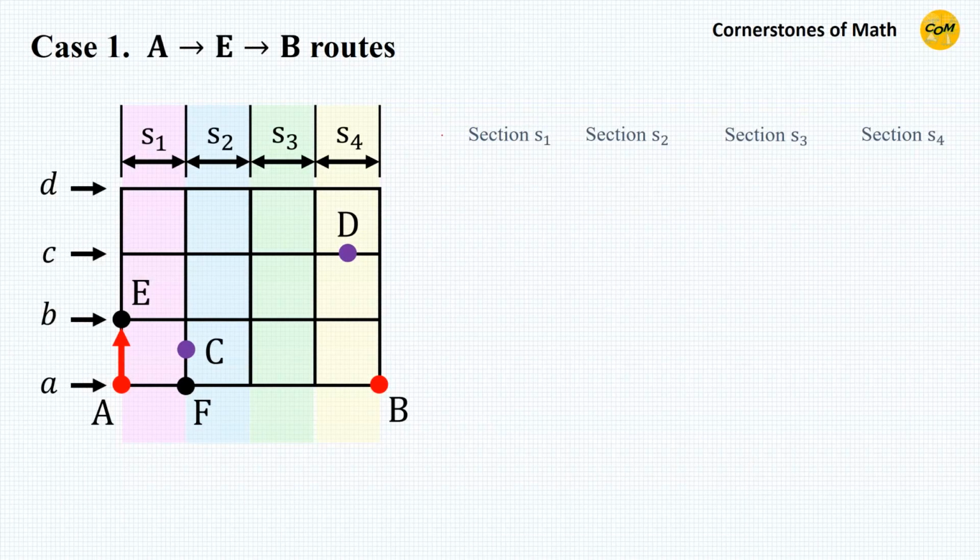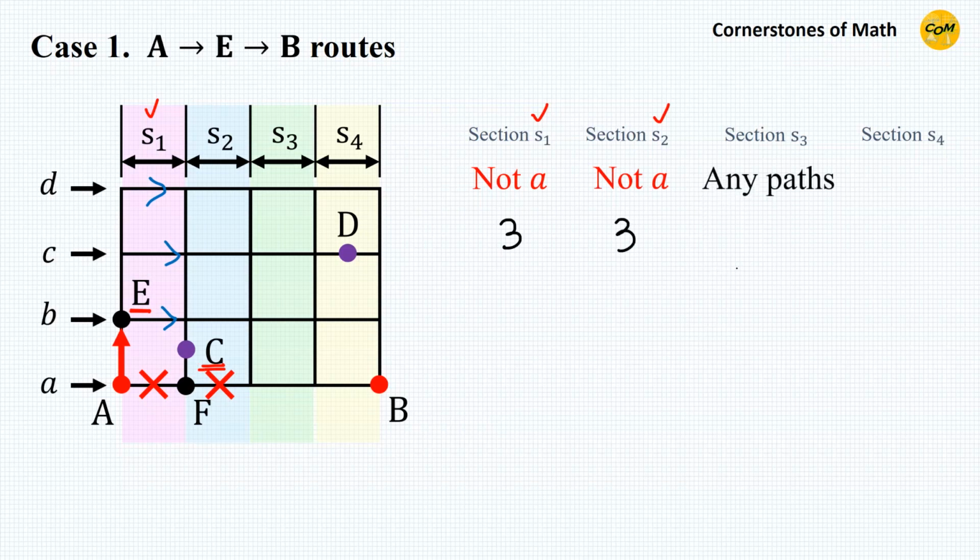Case 1, AEB routes. In this case, for section S1, we cannot pick path A because we have already moved to point E. So that leaves us only 3 choices, path B, C, or D. For section S2, we also cannot choose path A because taking path A makes us cross point C. So we also have 3 choices for this section.